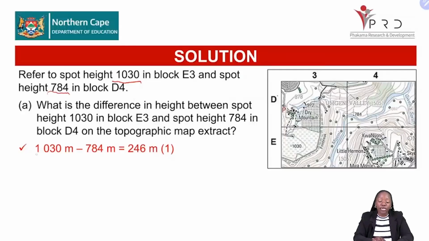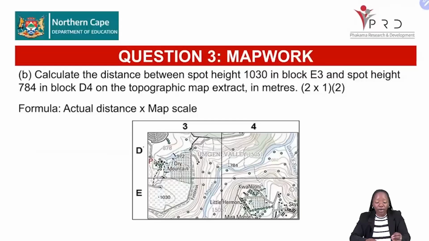Therefore, it's 1030 meters, because the spot heights are measured in meters, minus your 784. It's going to give you 246 meters. Remember again, use a calculator so that you get an accurate answer. So for difference in height, you only have 1 mark. Then we proceed with our next question.